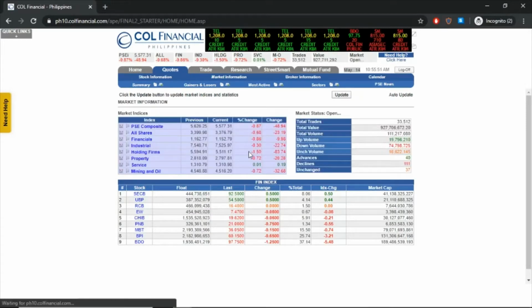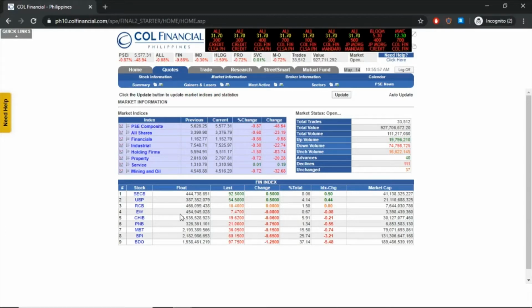You would see the different companies of the stocks that are included in this sector, which are mostly banks. We have SECB, UBP, RCB, East West, PNB, BDO, BPI, and you would see the market status currently happening right now, market indices.